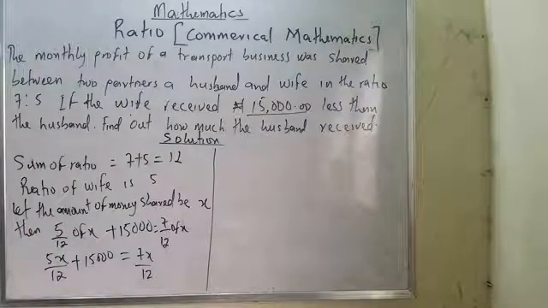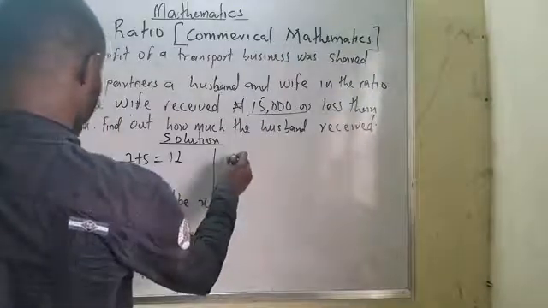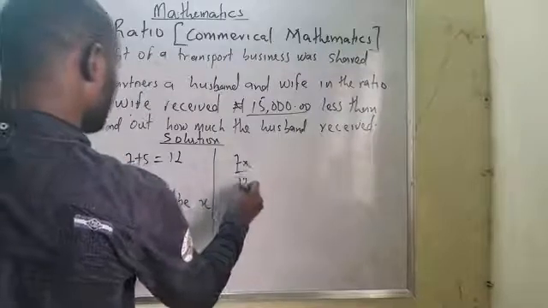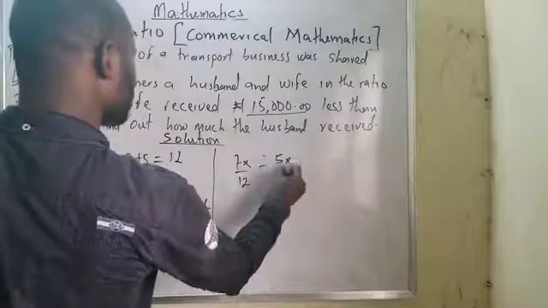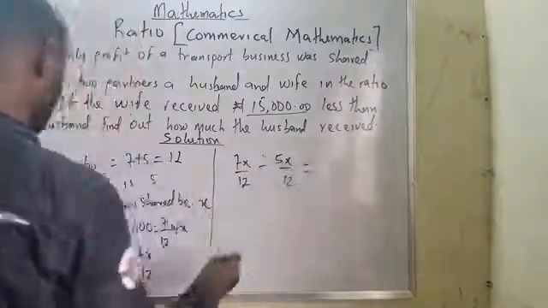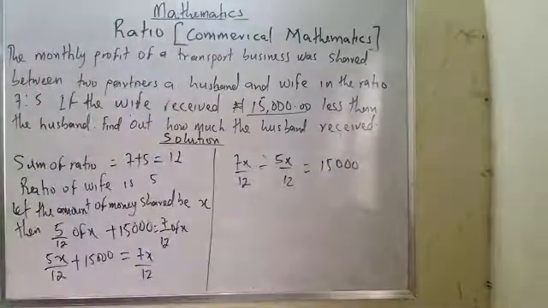Now it means back to normal analysis, I'll be having 7x over 12 minus 5x over 12 equals 15,000.